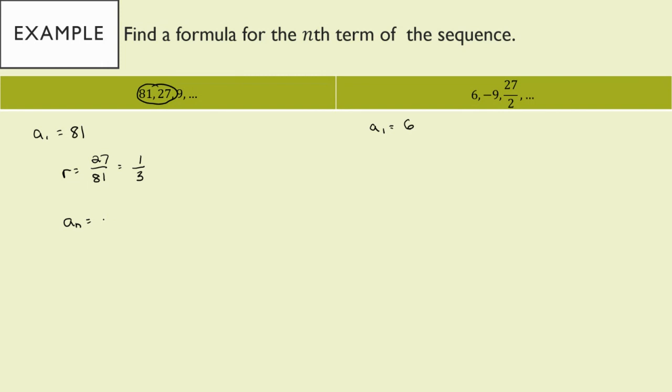You're just filling it into the formula. So just as a reminder, a_n equals a1 r to the n minus 1. So our formula would be 81, and then r is 1/3, and then n minus 1.